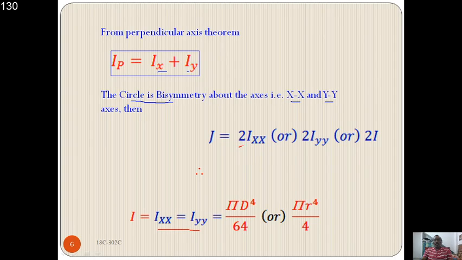Therefore, 2Ixx or 2Iyy or 2I is equal to J. Substitute this value into this equation to get the Ixx or Iyy value of a solid circular section. So remember, the solid circular section moment of inertia is found using the first integral principle and the perpendicular axis theorem.